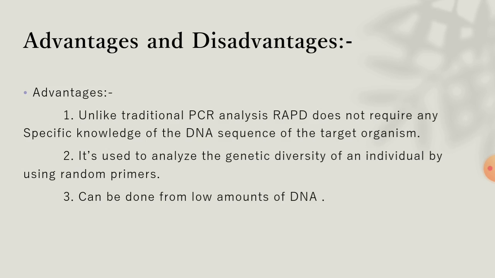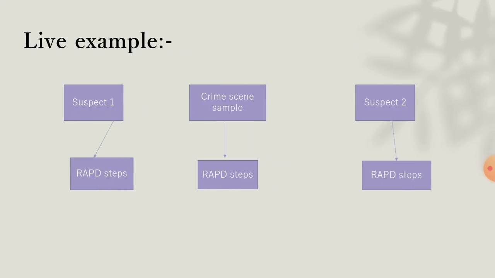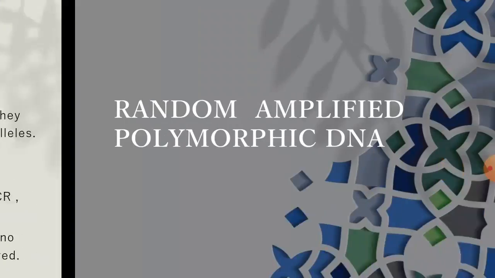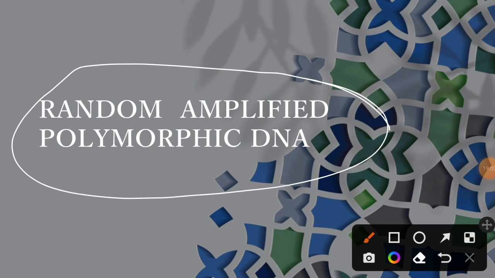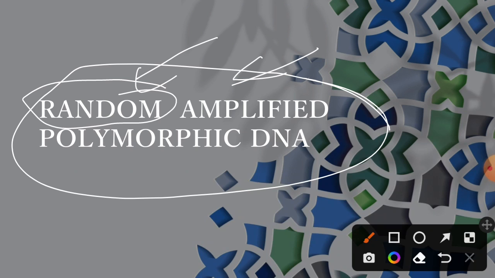Okay, so this was all about the discussion of RAPD. It all started from the full form of RAPD. As it contains the term random, that means here we are using PCR, but also non-specific primers, right? That causes amplification of DNA randomly, right?